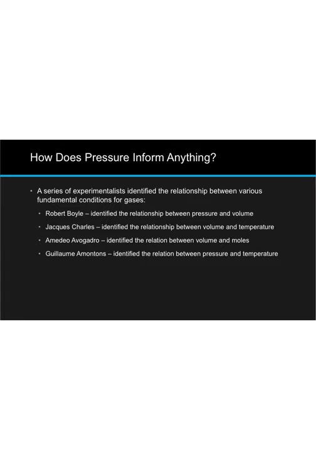These relationships are thus named for the experimentalists who identified them. Boyle's law shows us the relationship between pressure and volume. Charles' law, the relationship between volume and temperature. Avogadro's, the relation between volume and number of moles. And Amontons' law, the relationship between pressure and temperature.